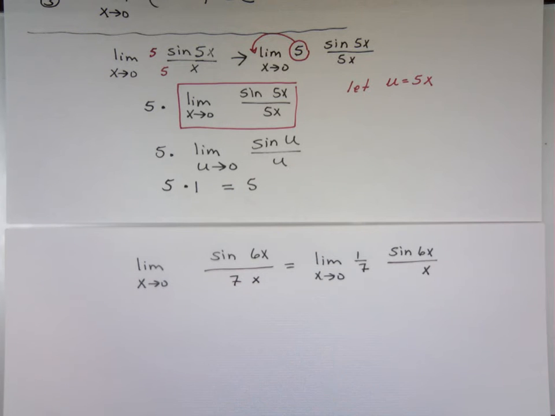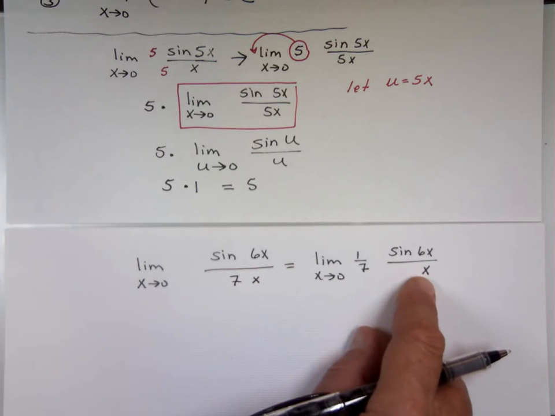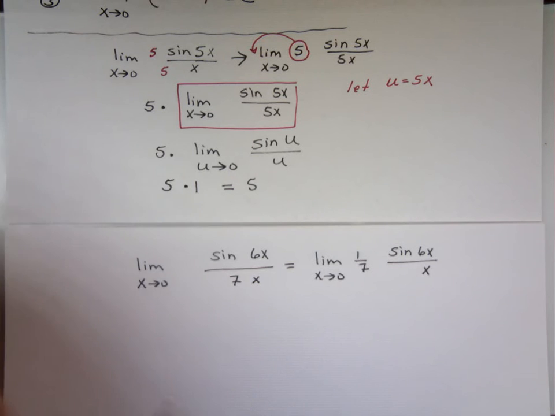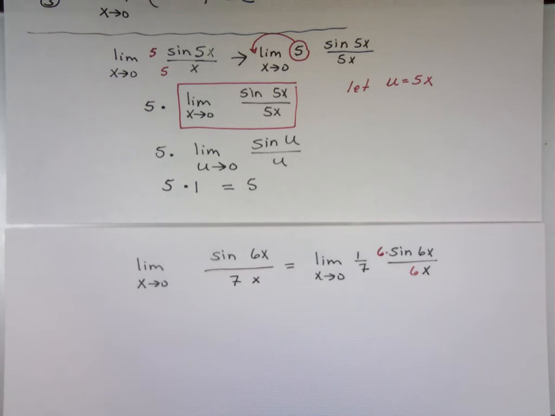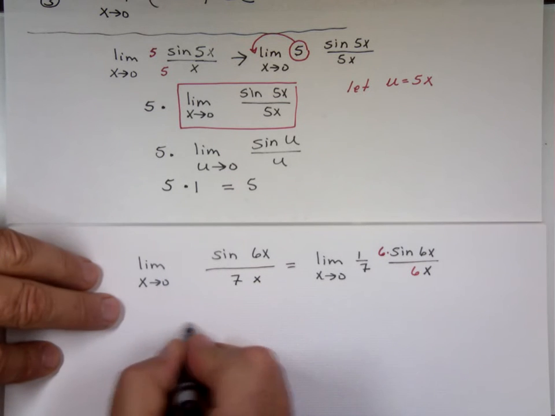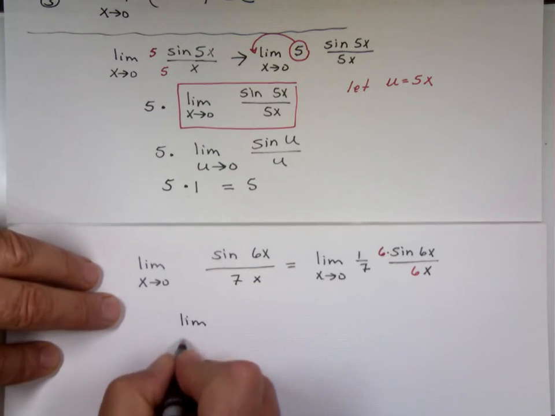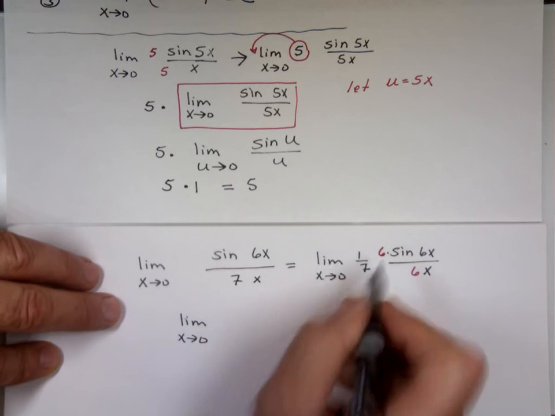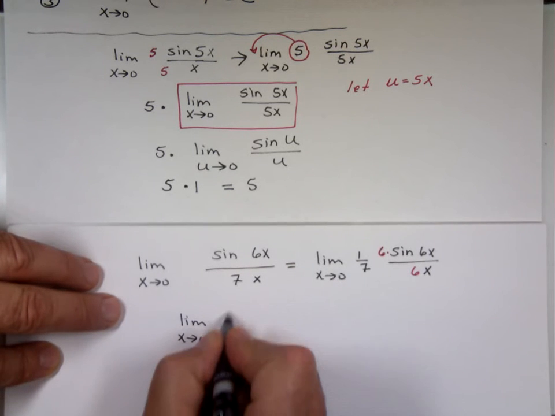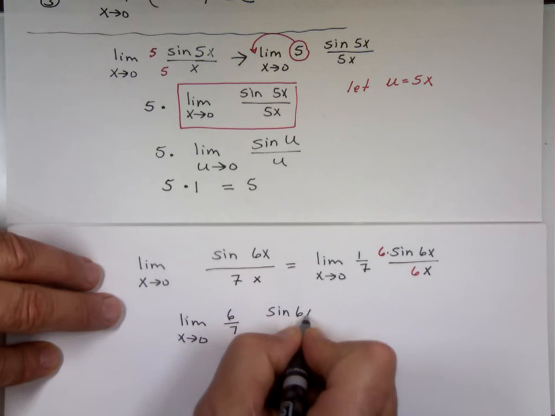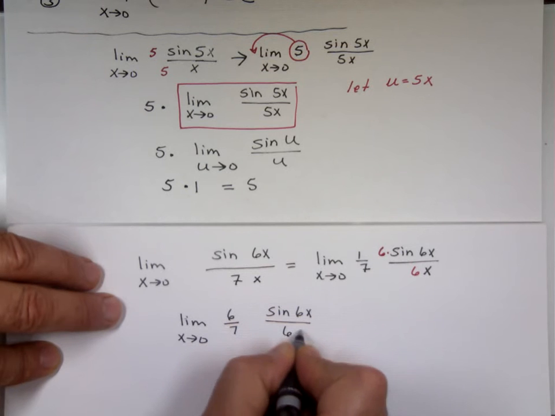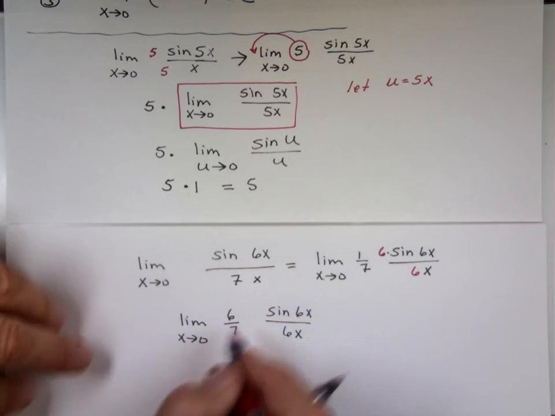But I don't want that to be x here. I want that to be 6x. So I have to multiply the top by 6 and the bottom by 6. And I can rewrite that, the limit as x approaches 0. What is 1/7 times 6? 6/7 sine of 6x over 6x. If you have a number in the front or inside the limit, you can take it outside the limit.